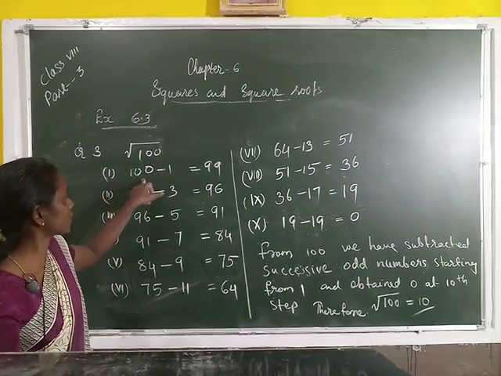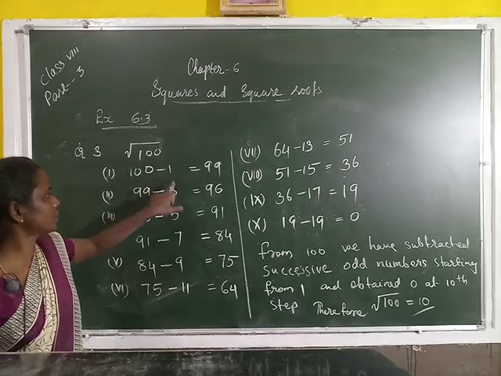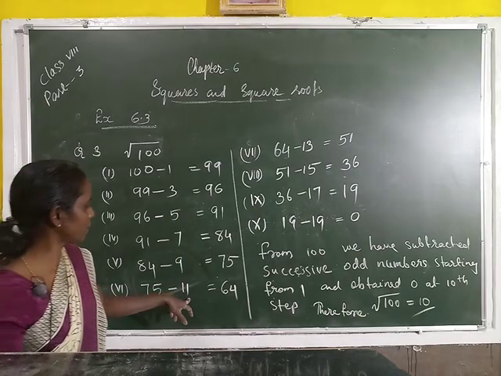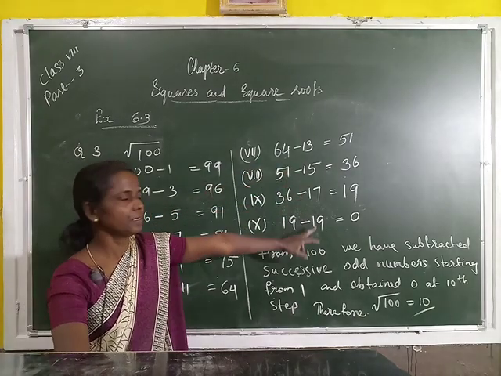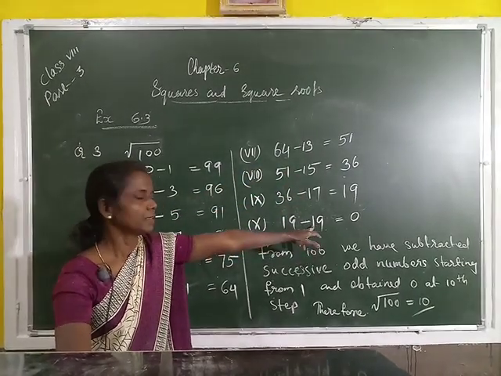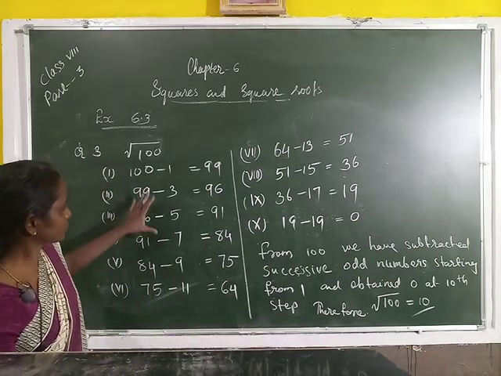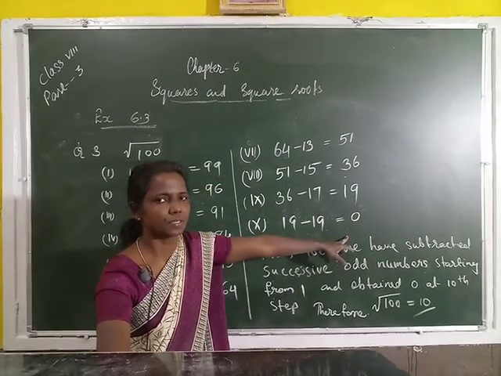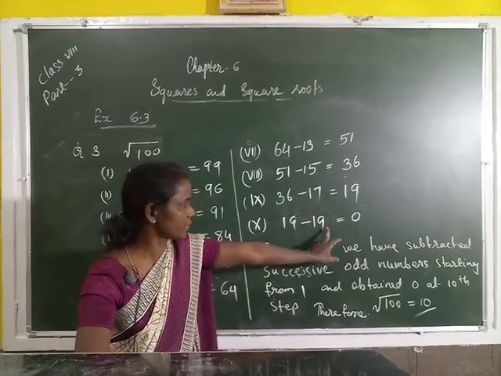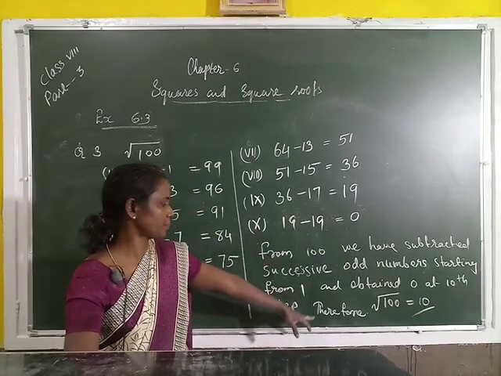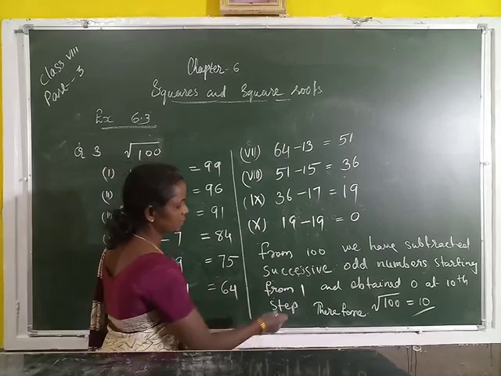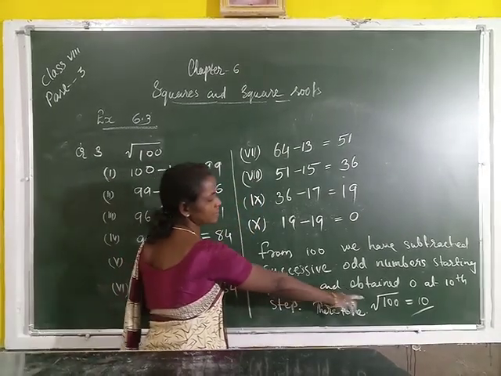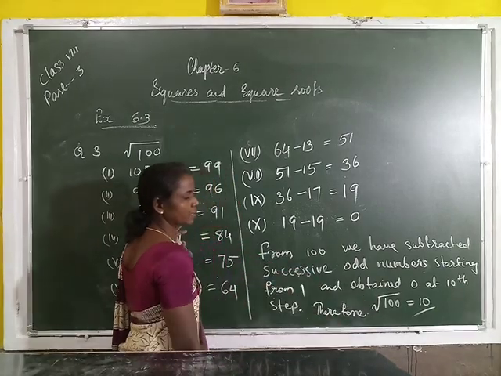Look here, 100 minus 1, then next 3, 5, 7, 9, 11, 13, 15, 17, and the last step, 19. Then in which step do we get 0? Here, the 10th step. So therefore the root of 100 is equal to which number?